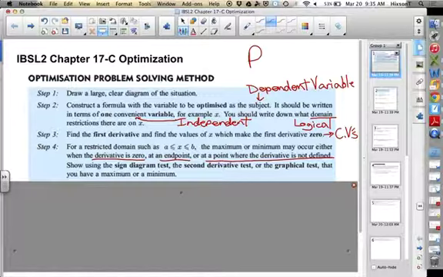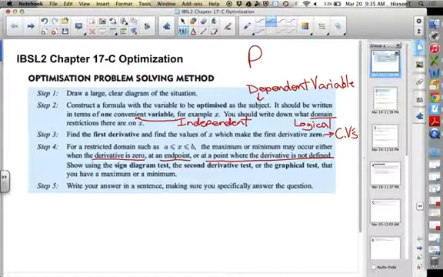And then finally, and this is where some of you, it's not really a weakness, it's just we need to make sure we follow through with the problem. Make sure you write your final answer. You don't necessarily have to do it in a complete sentence, but make sure you clearly give the answer to the problem with units of measure.